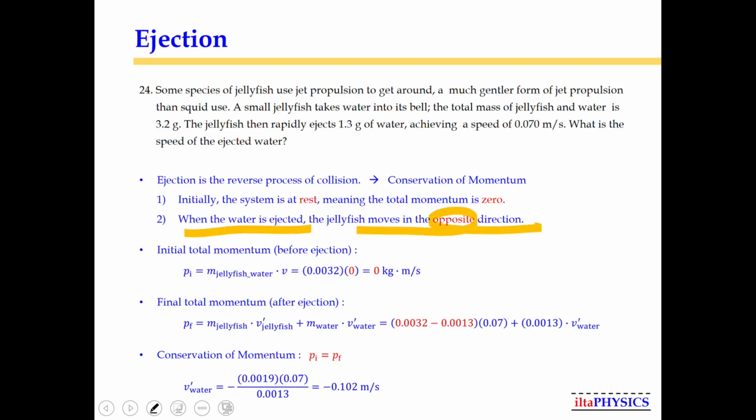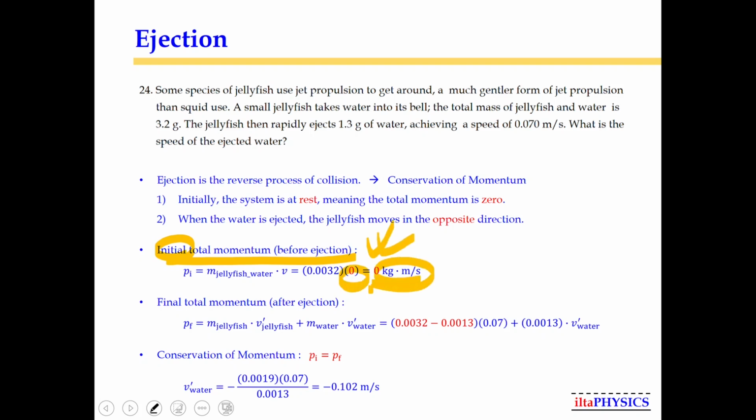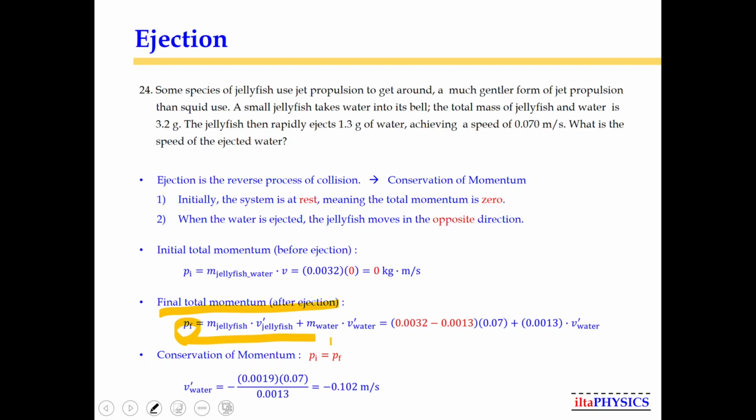Let's calculate the initial momentum first. Since the jellyfish is initially at rest, its velocity is zero, making the initial momentum zero. The total momentum after squirting the water can be expressed as the mass of the jellyfish times its velocity, plus the mass of the ejected water times its velocity.